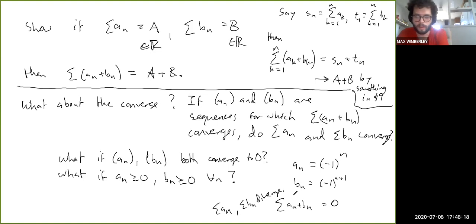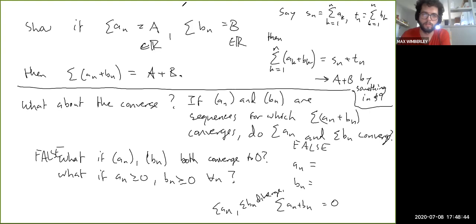All right, anyway. So basically the statement is false in this case, and it's also false in this case, even if you require them both to converge to 0, because you could just have a_n be 1 over n, and b_n be negative 1 over n.